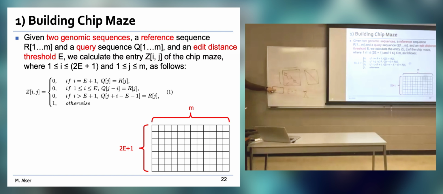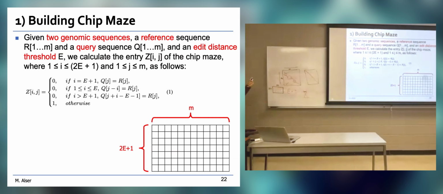And that is the first difference between the sequence alignment and what we calculate in sneaky snake. So the height over here is 2E plus 1, but the width of this matrix is n. What is n? It is the length of one of the sequences, or m. Sorry, let's use n for the reference genome and m for the genomic sequences, okay? In here, what did we use? M times m, right? But in here, 2E plus 1 times m, okay?